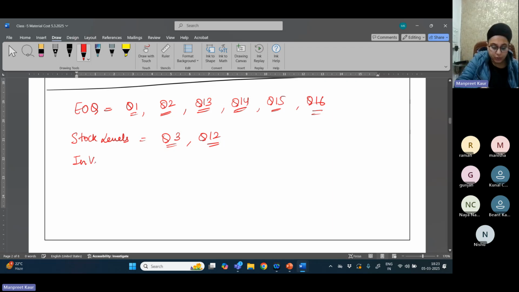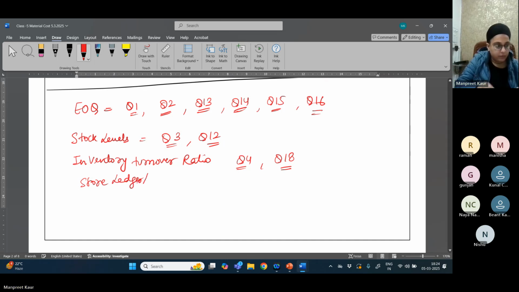Inventory turnover ratio: question number 4 and question number 18. Next is the store ledger: question number 5, 6, 7, 8, 9, 10 and 11.